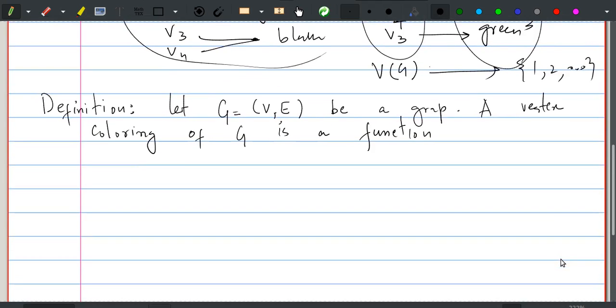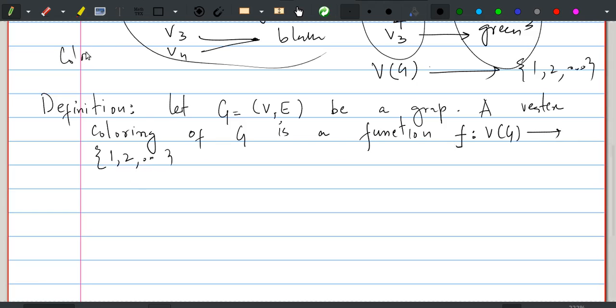So a vertex coloring of a graph G is a function, say f, from the vertex set V(G) to some set, say {1, 2, and so on}, and this set is called the color set. So we are picking colors from this set to color these vertices of G.